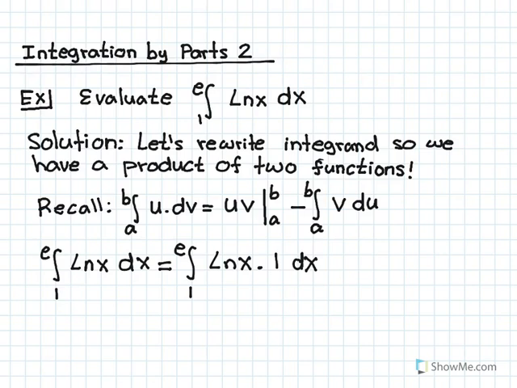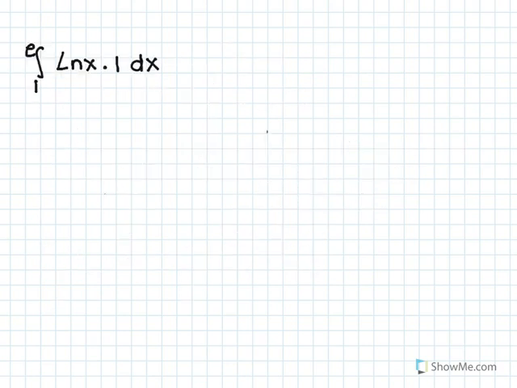And then we're going to apply integration by parts. So we're going to let this part be u, u is equal to log x, and this part will be dv. So the integral from 1 to e of log x dx. We'll let u be equal to log x.